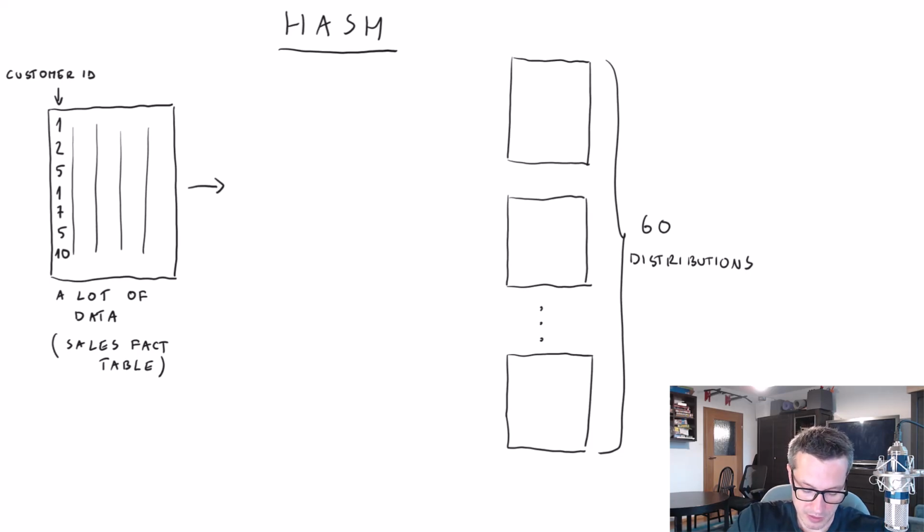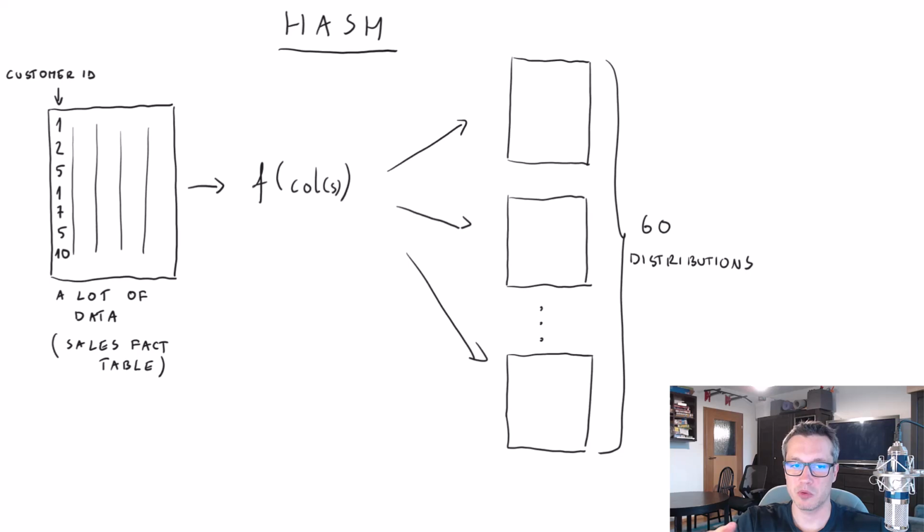So it will calculate some function, some hash value, and based on the result it will decide to which distribution this particular row should be saved. And this hash distribution is deterministic, which means that for the same input, for the same value of a specific column, it will always result in the same output. Deterministic.